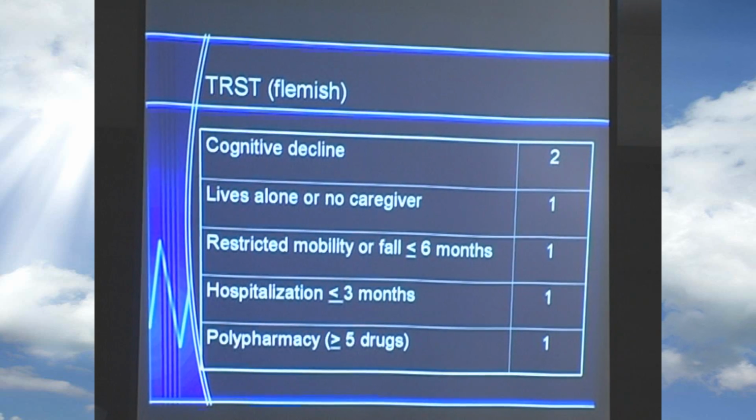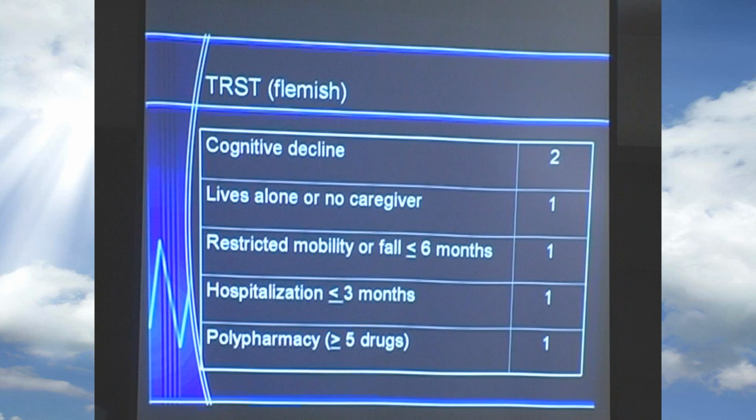Another test that has been tried in oncology is the triage risk screening tool. This was developed by geriatric nurses for emergency room care. It's the work of Mion in Canada. And there is also an American equivalent developed by Mike Kusker.